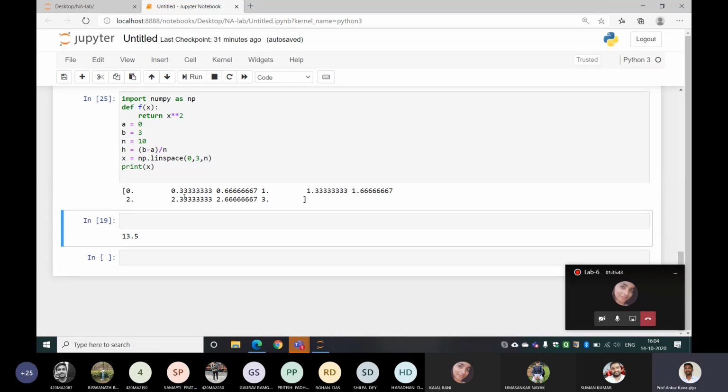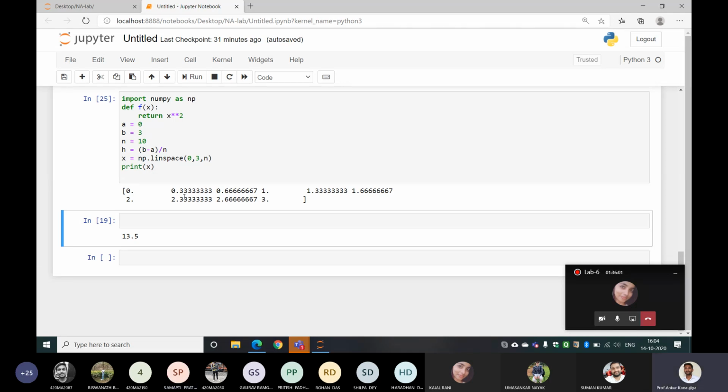Can anyone tell what to do? This is not with the increment of h. Yeah, I already told how to do. I told how to do increment also in Python.